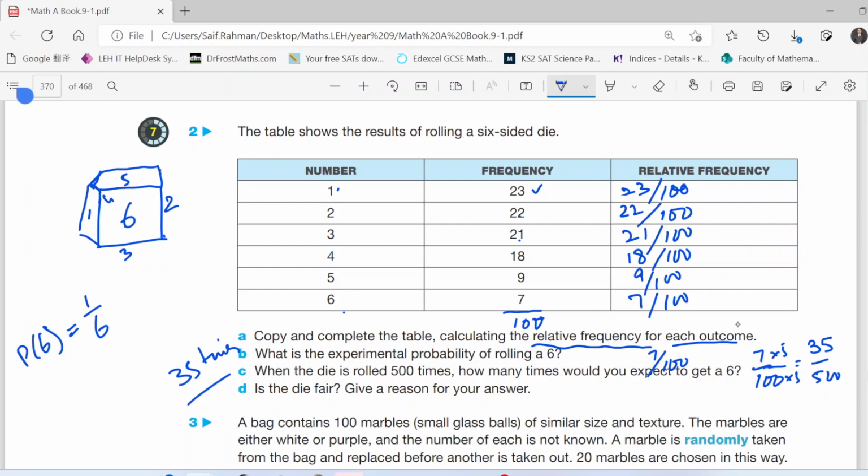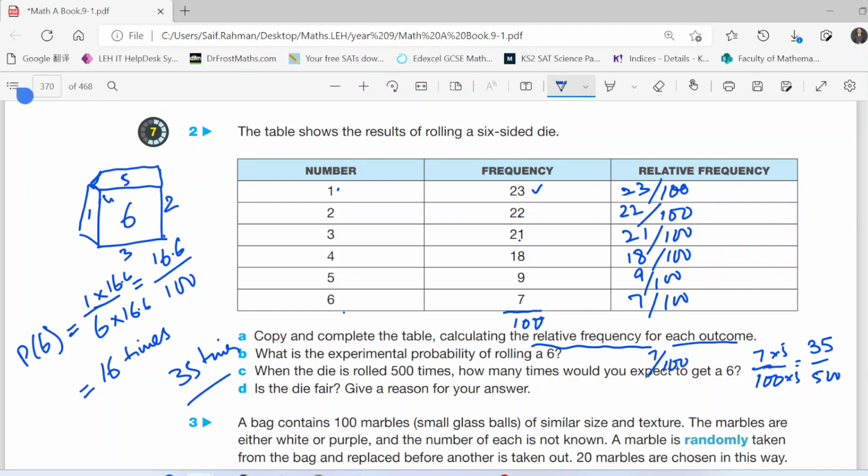So if you do 100 times, you multiply both sides by 16.6, around 16.6 divided by 100. So this shows that if it was a fair dice, around 16 times the number six should come.